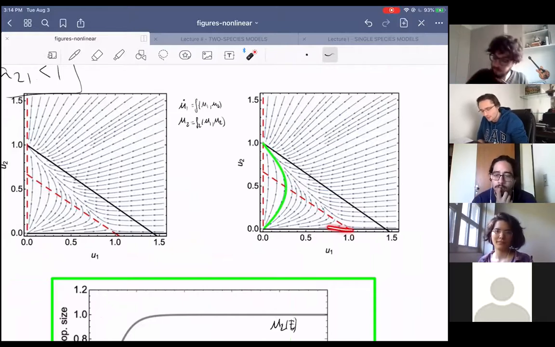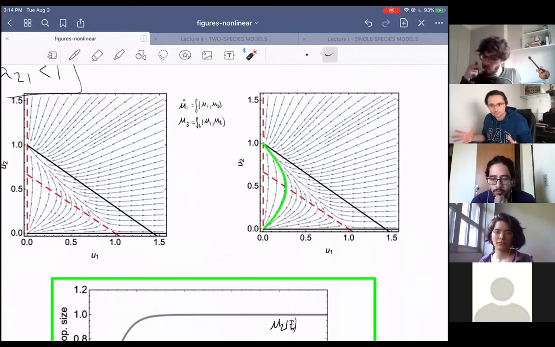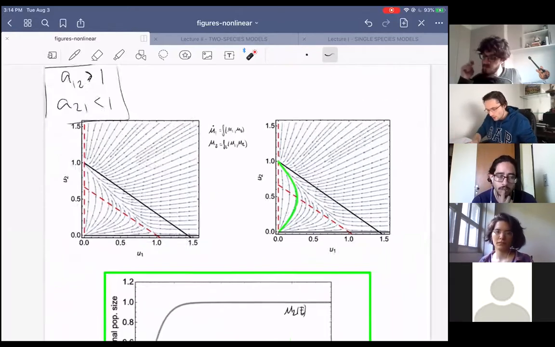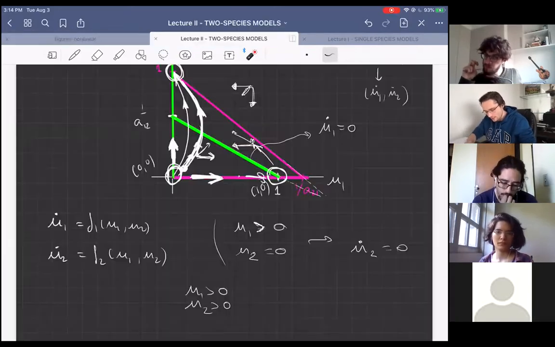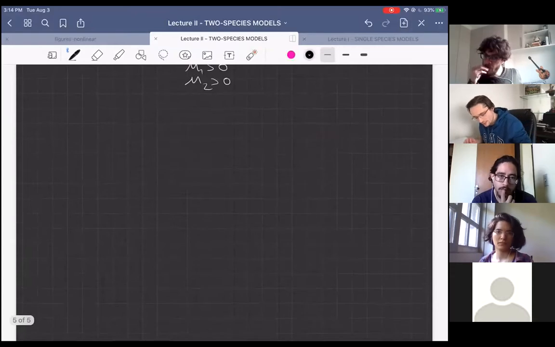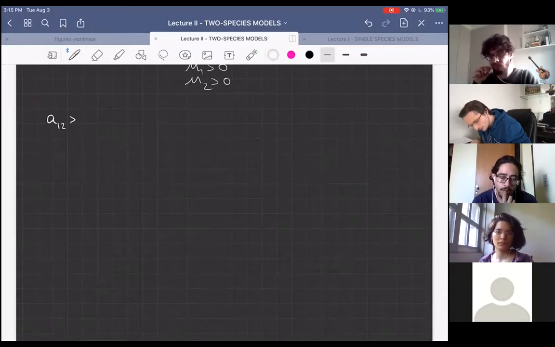If we move here, we are working with a system that we studied yesterday with the logistic growth. It's a one-dimensional projection of our two-dimensional system. But what does this specific relationship between parameters mean? Let's write it a little bit here, and try to understand the meaning of A12 larger than 1 and A21 smaller than 1.